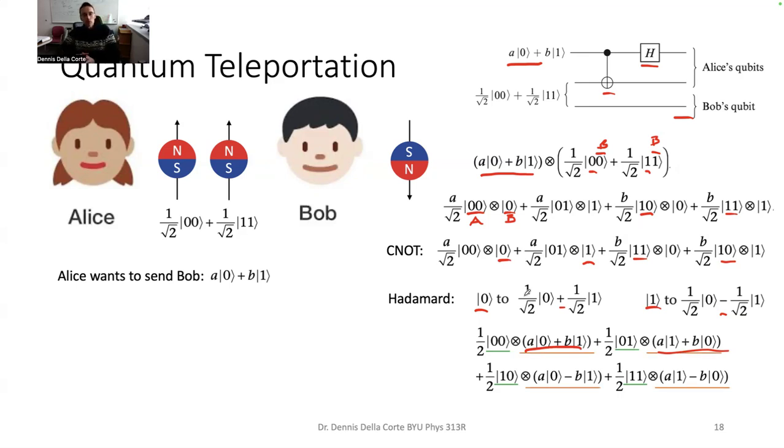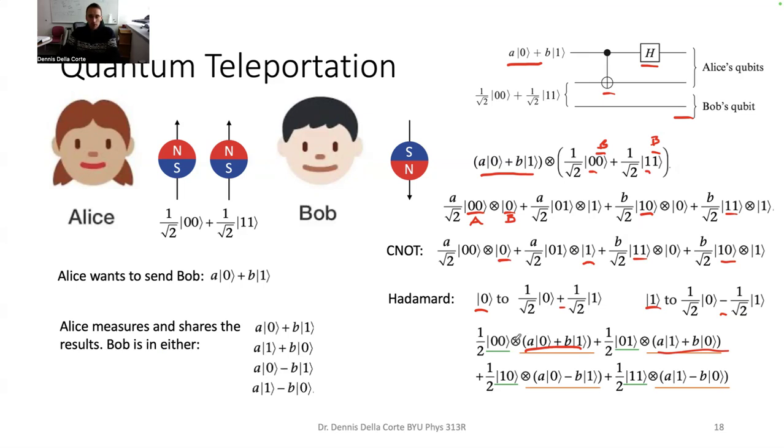And so what can Alice do now? Alice has 2 qubits, and she can measure them. If she measures them, she will either measure 0, 0, 0, 1, 1, 0, or 1, 1. And if she measures any of these states, then she knows Bob's. So let's say she measures this state here, the 0, 0.